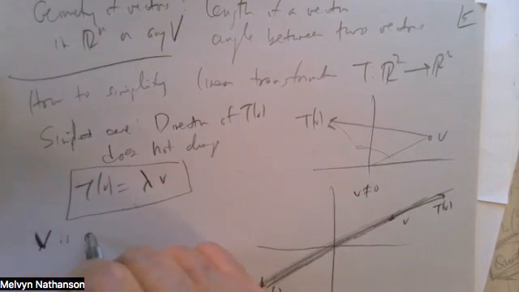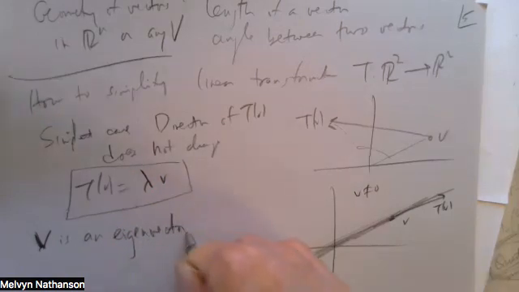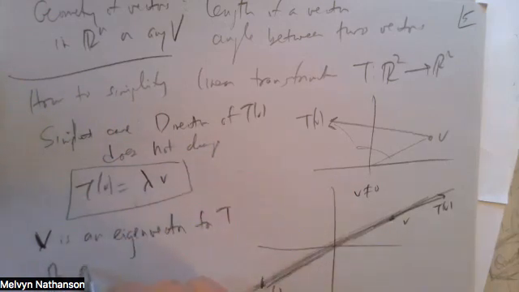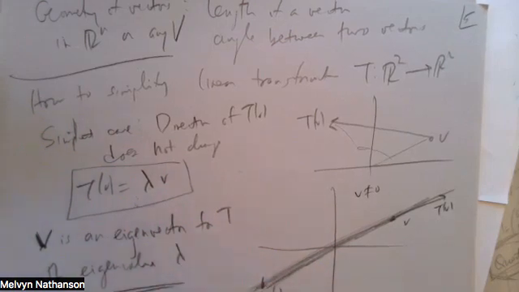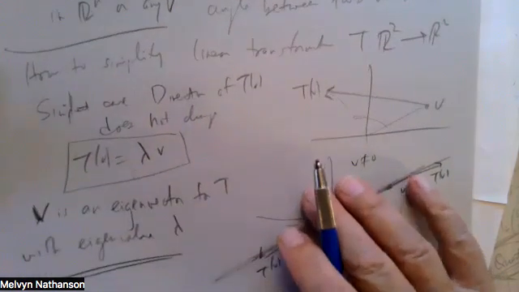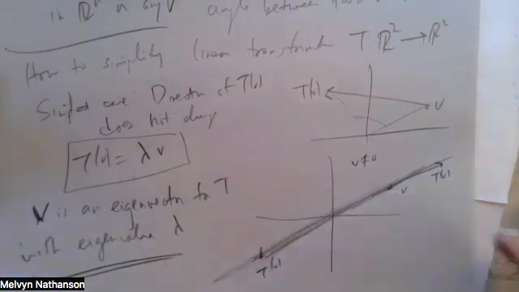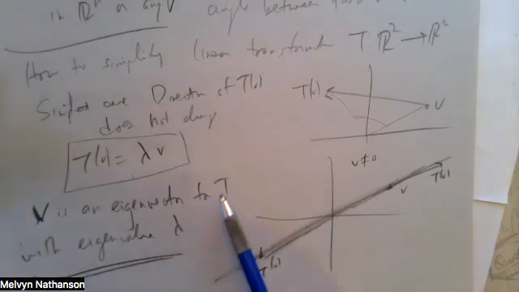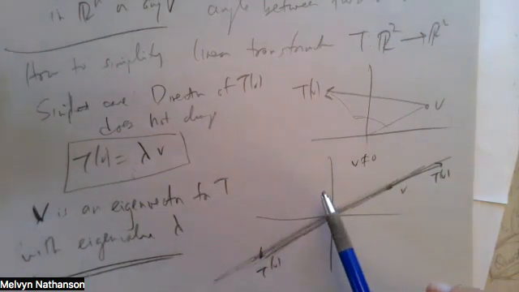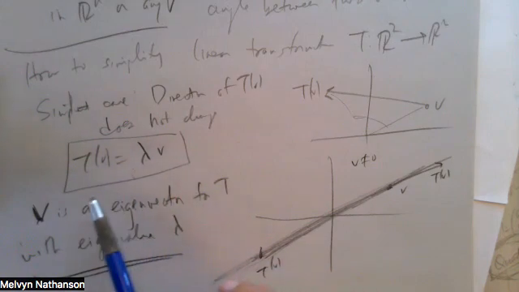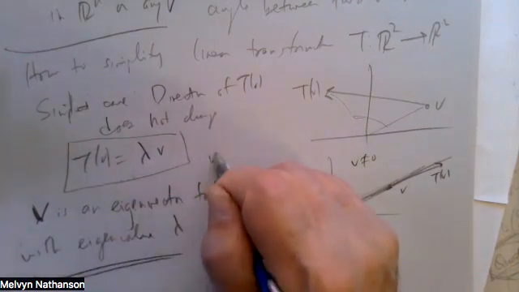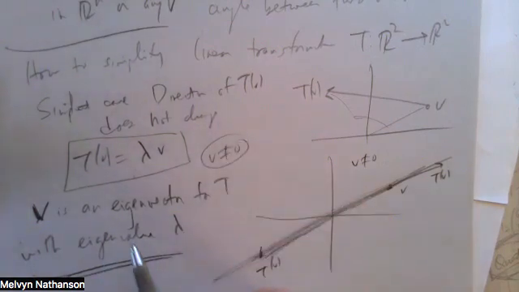And if an equation like this occurs, we say that v is, and there's a German word that's used for this, an eigenvector for T, and this scalar lambda is called an eigenvalue. So in general, in any vector space, not just in 2 dimensions, v has to be a non-zero vector.